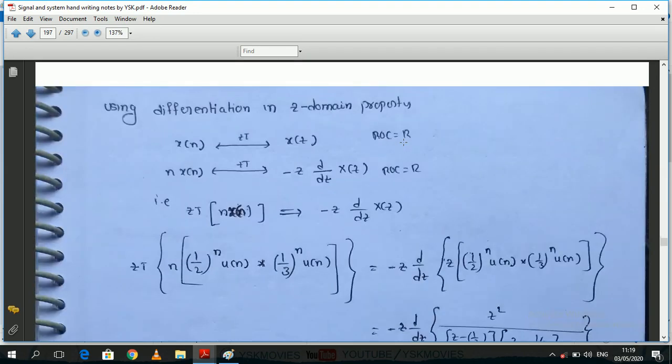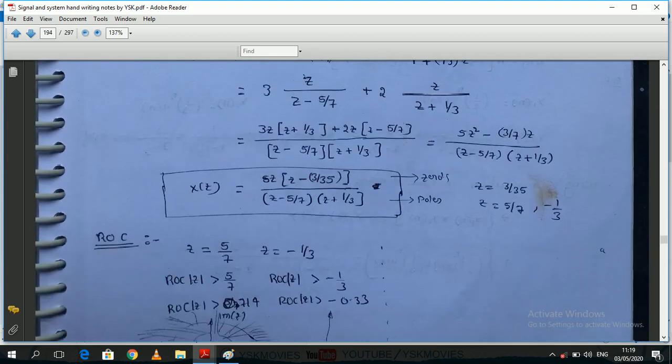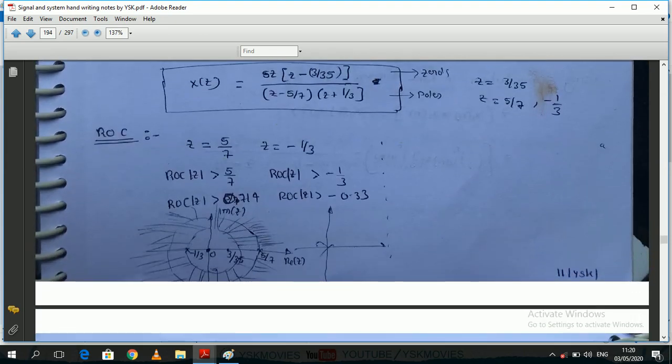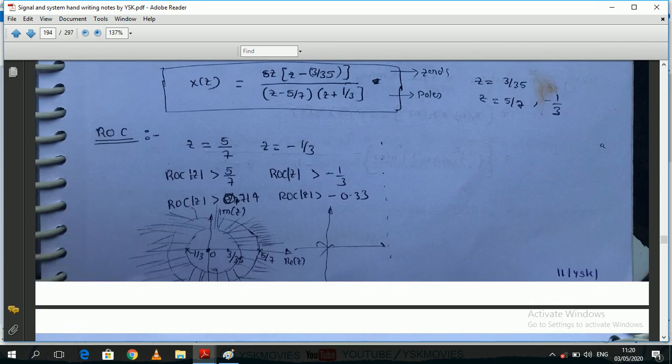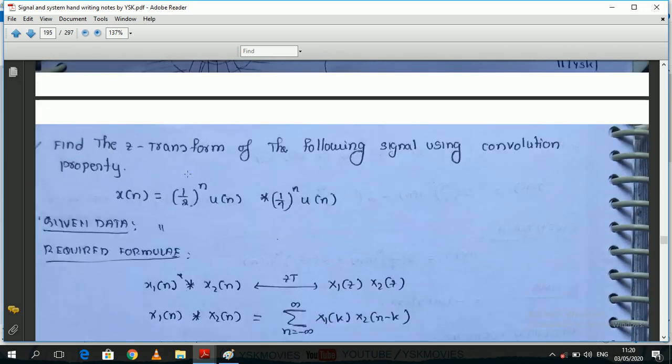By using that concept, but we don't know the radius. So z equal to 5 by 7, z equal to minus 1 by 3. These are the two circles. Let's draw the two circles with the two radii. Both are outside of the circle. So finally, what is the ROC? The ROC is nothing but between two circles.